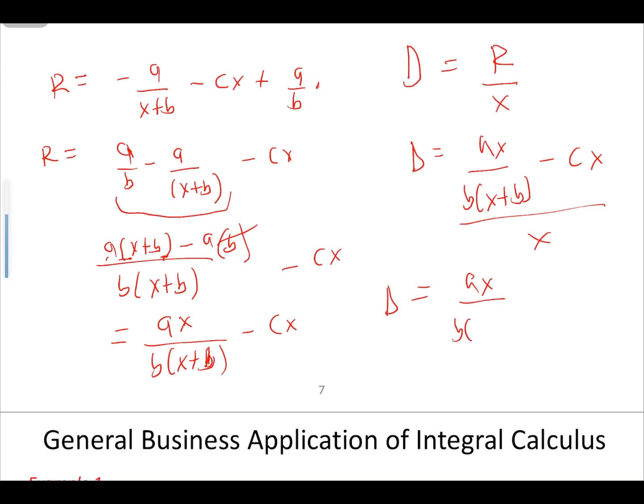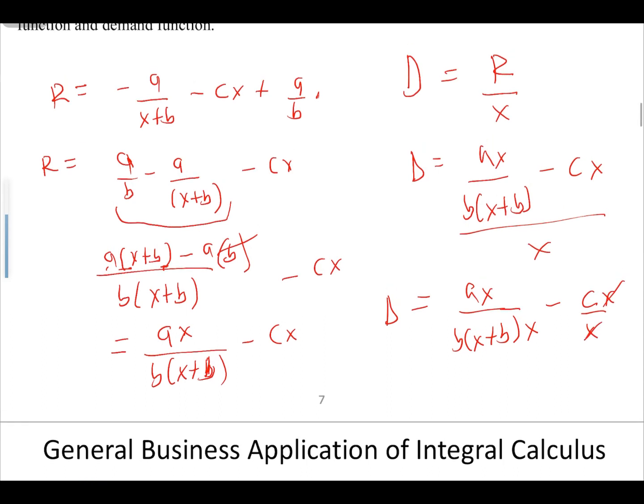At the end we are going to get multiplied by x because we return it, and we are also going to get c out here over x. So x will also cancel x, right? So you are going to get d equal to this one. Remember that this x also cancels this x as well. You're going to get d equal to a over b into bracket x plus b and then minus c.